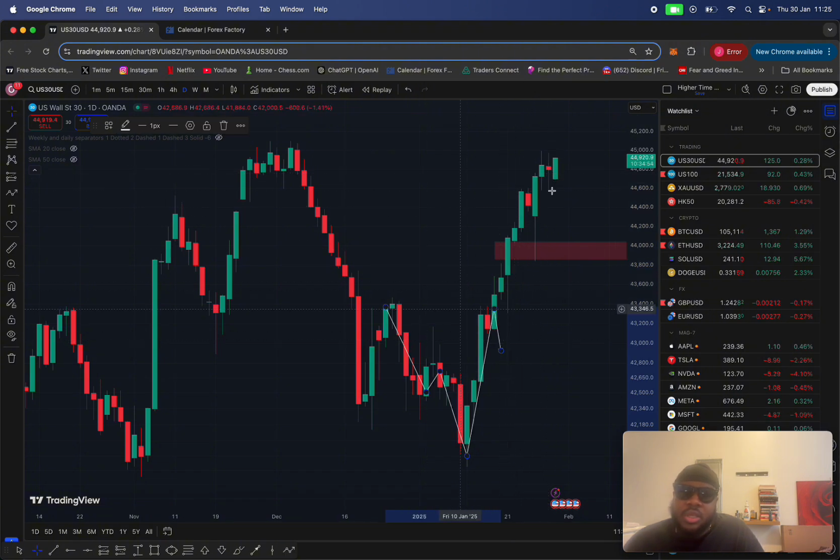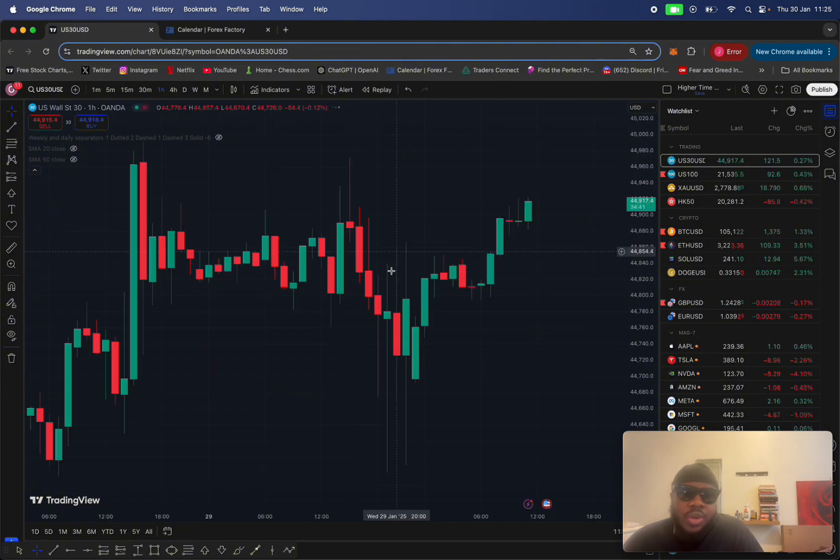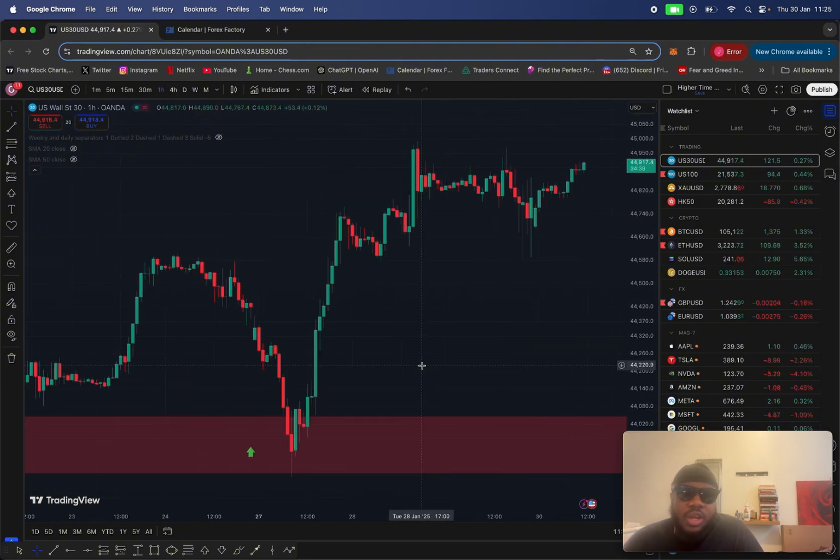Now we know the market's in an uptrend. Institutional order flow is pointing higher, and optimal areas of entry will always be fair value gaps. But as a swing trader, you don't always need to look for entries within a fair value gap. You can actually look for entries at other places on the chart that are also very important.